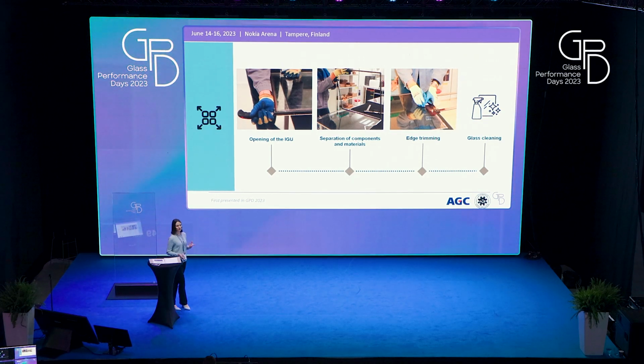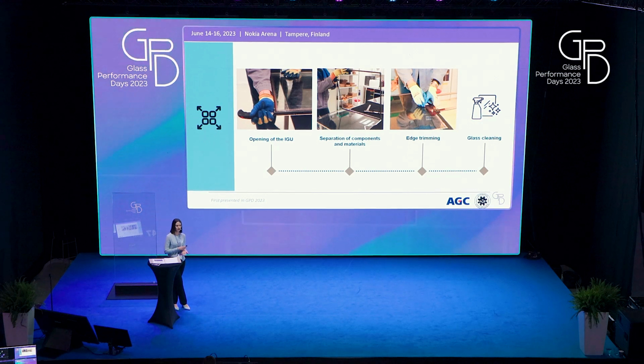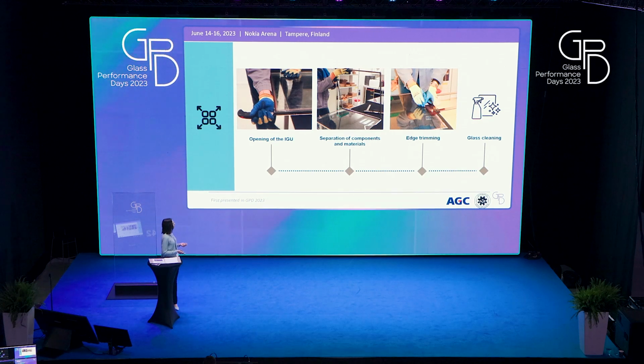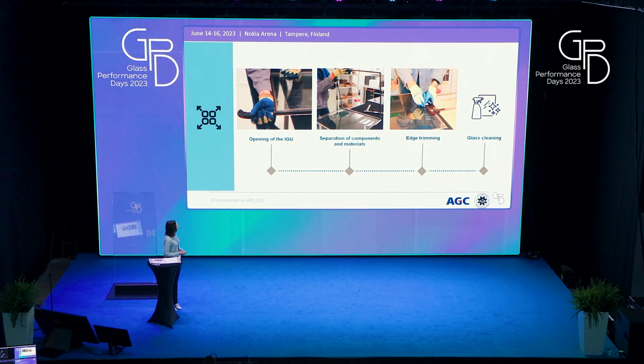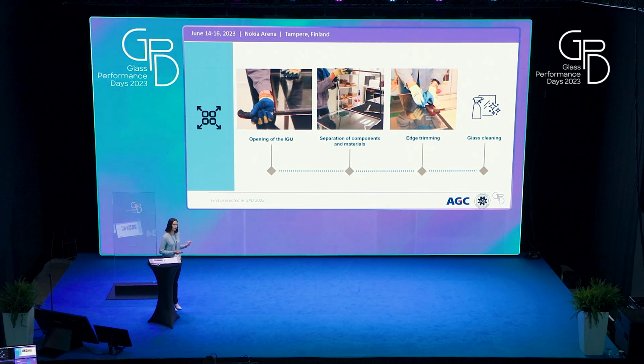Since the depollution of the glass surface from the remaining sealants is quite difficult to achieve, we decided to go with an edge trimming of about 3 centimeters from the glass edge. And in the end, we cleaned the glass both with a washing machine and manually.